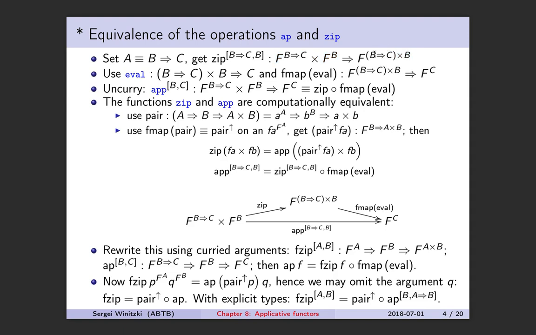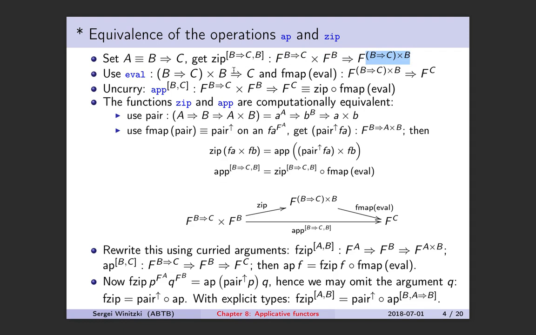Now, can we get an FC out of this? And if we do, then we will get an app, because app is basically this going to this going to FC. So we could just query this to get the correct type signature for app, if we could only convert this into an FC.